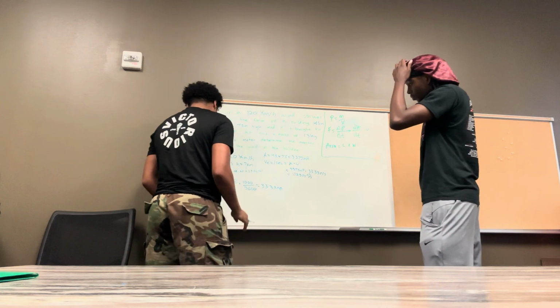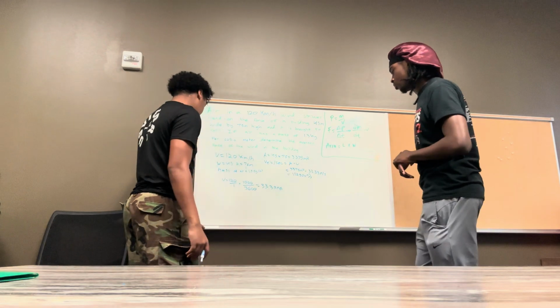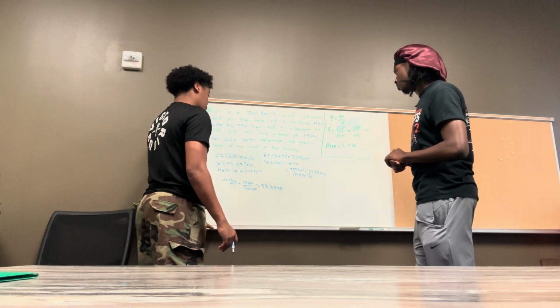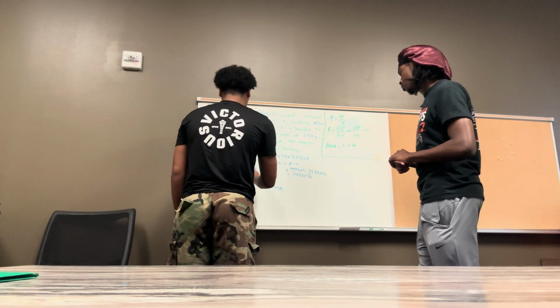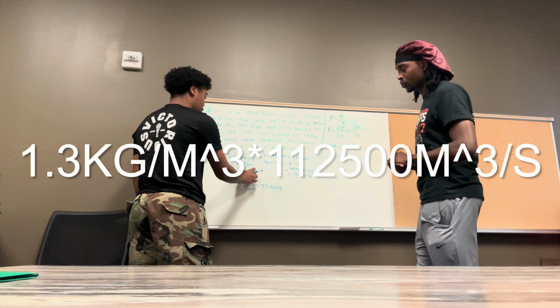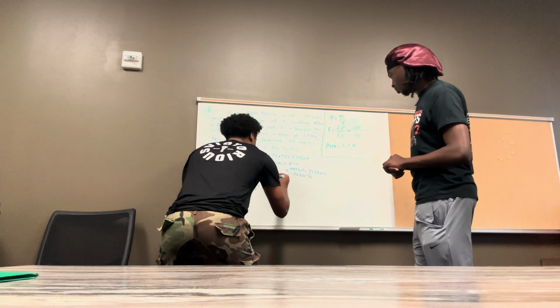After that, we can find our mass flow rate, which is equal to the density of the air times the volume per second. We know that the density of the air is equal to 1.3 kg over m cubed. So I'm going to write the formula right here.